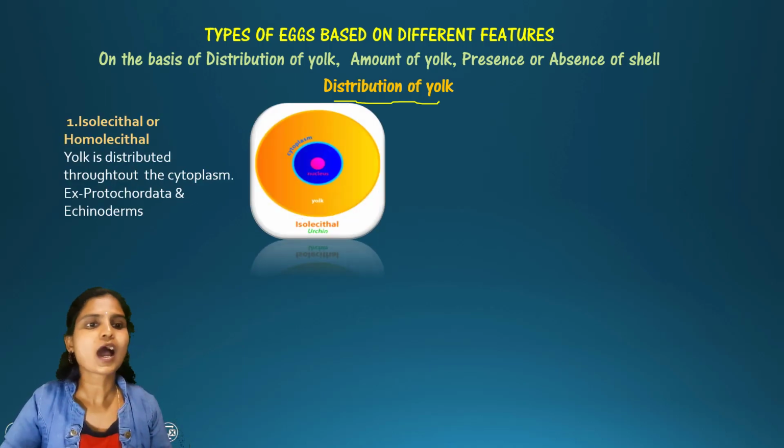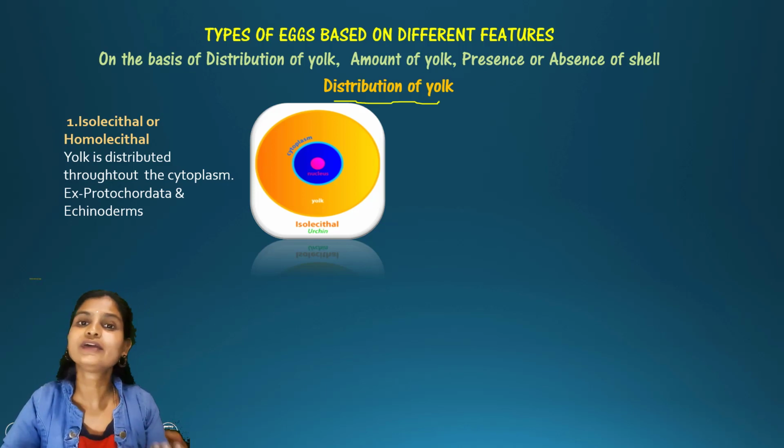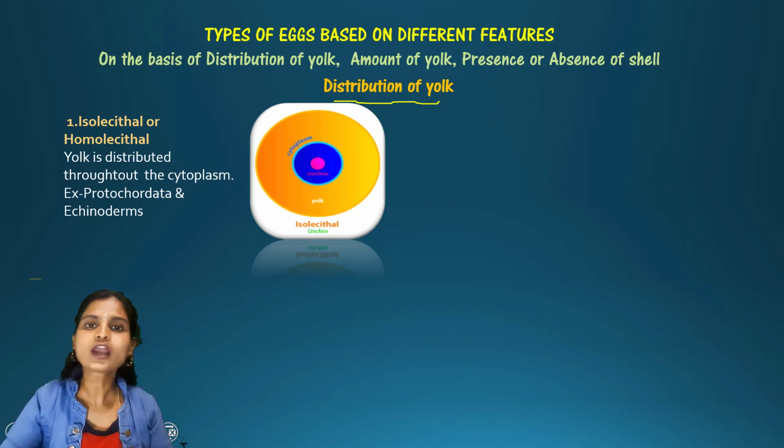The first one is the isolecithal or homolecithal egg. Iso or homo means the yolk is distributed throughout the cytoplasm.